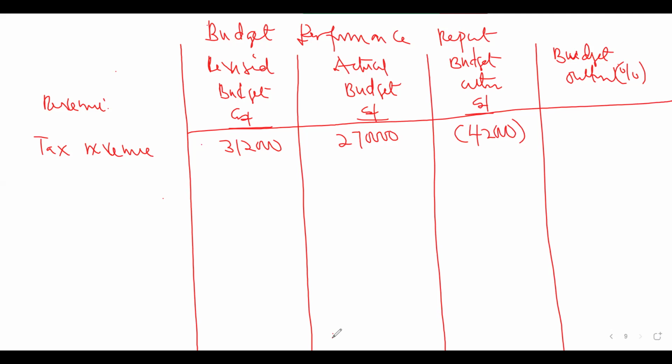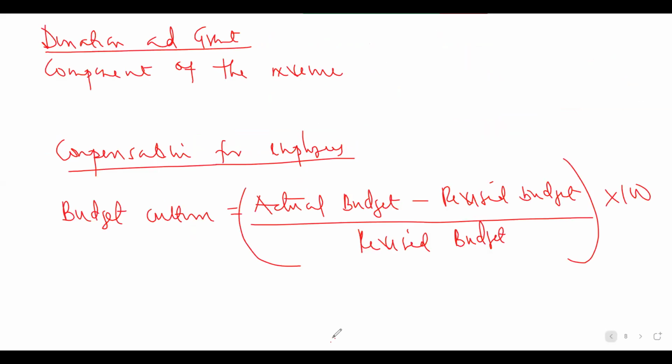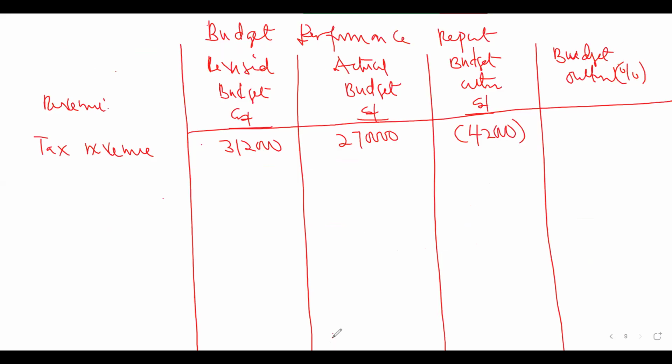What will be the percentage for the outturn? It will be the difference between the two divided by the revised, multiplied by 100. What are we having? 13.46. So that will be negative 13.46.